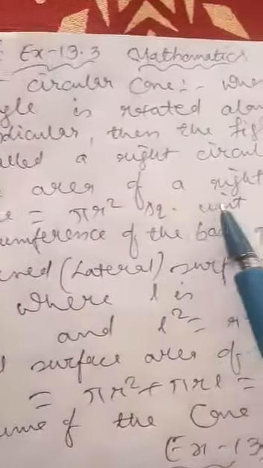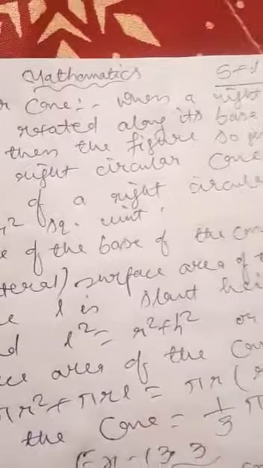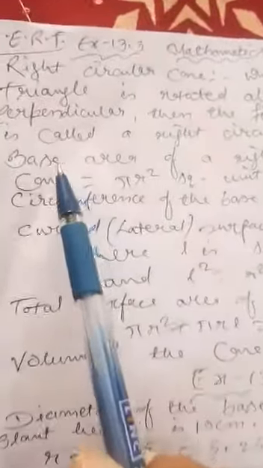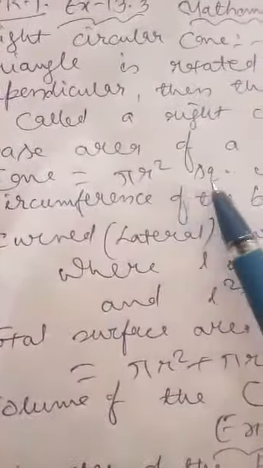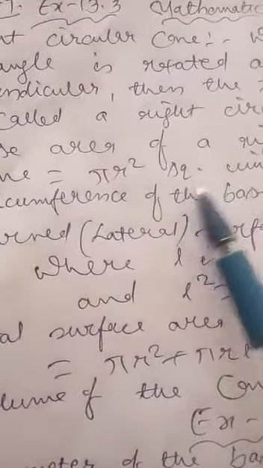So we can say base area of a right circular cone is equal to pi r square square unit.